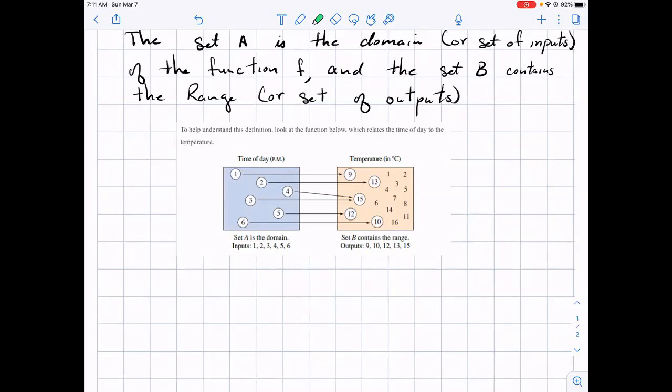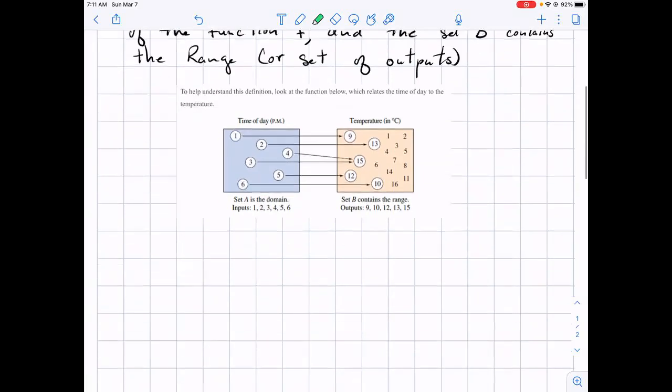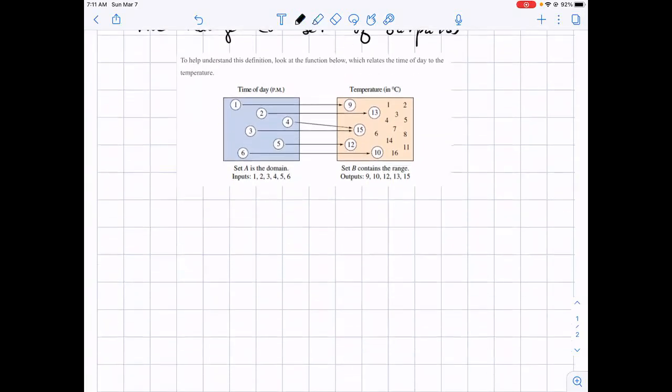So the ordered pairs, if we look at this here, can represent the above picture.